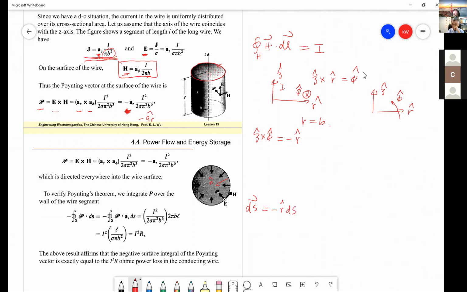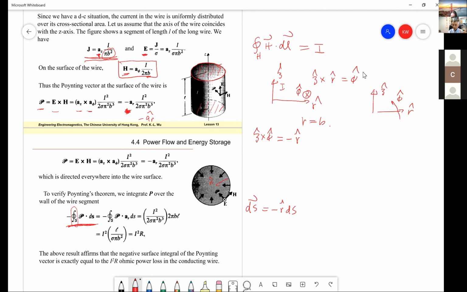Why do the surface integration? Because P is only in the R direction, with no component in the Z direction, the surface integration over the two end surfaces is 0. So for this closed surface, I only need to conduct the integration over the side surface.